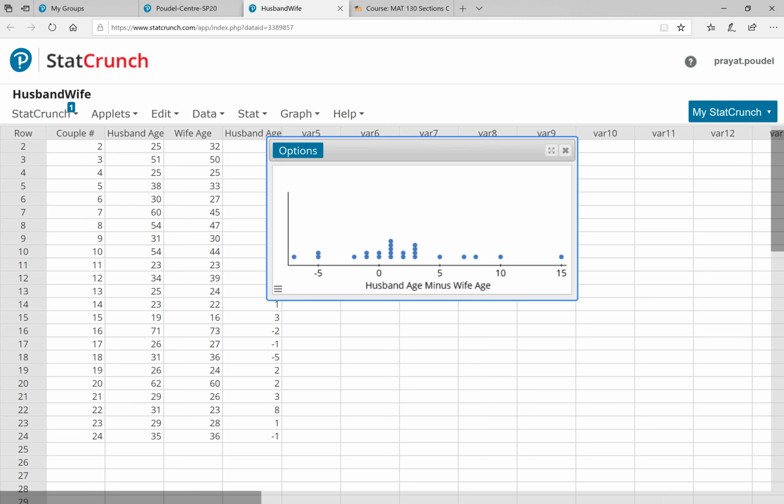So this sample seems to indicate that the husband's age is bigger than the wife's age. Again, just because this sample indicates that doesn't mean the entire population has to be that, right? So this could just be an off sample. What we would like to do is a statistical analysis on this question here.